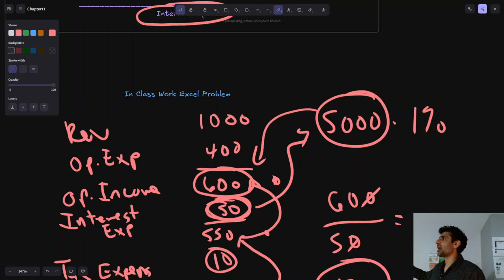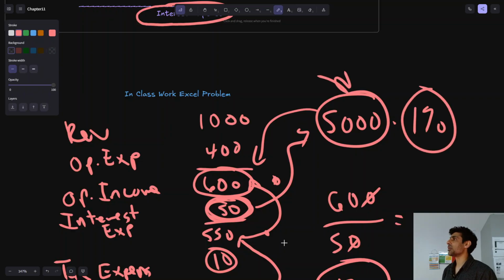But we had another ratio for that. We had the debt ratio, right? That's going to capture that question of how much total debt do they have compared to their assets. That's going to answer that indebtedness question in a different way. This is just looking at how much cash flow to keep the debt out of default, right? And that's going to be dependent on both the amount and the interest rate that you're paying.